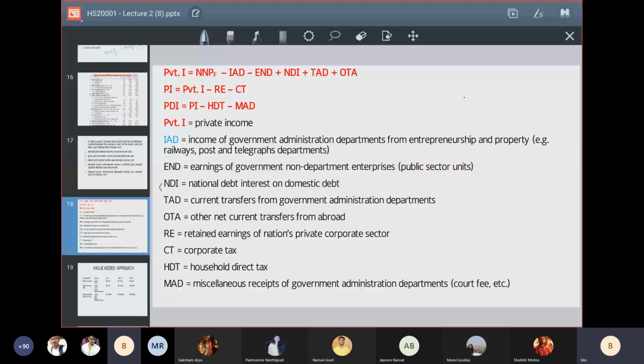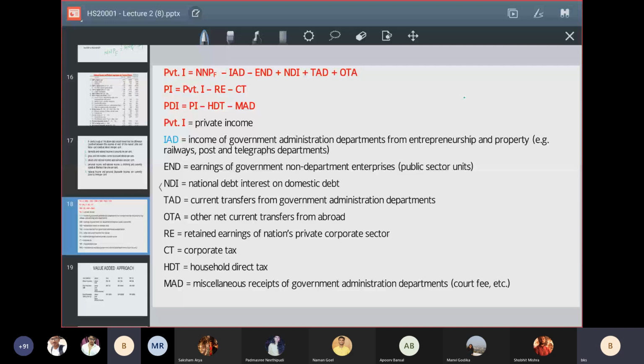You gave me say 10 crores loan. Then I am paying you the interest. That interest is not part of the production process, but that is part of your income. That income you are earning is part of your income, but it's not producing anything. In that sense, that should be private income.